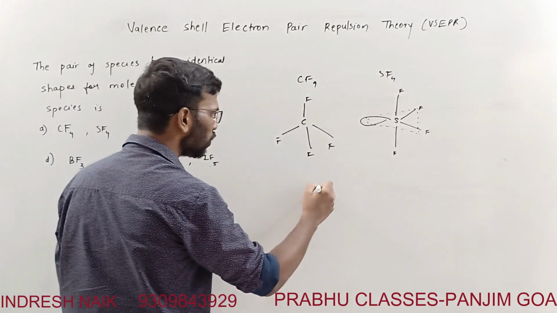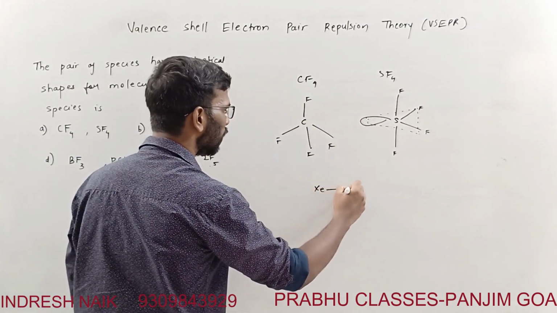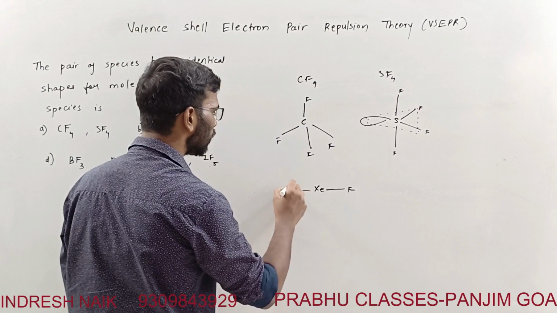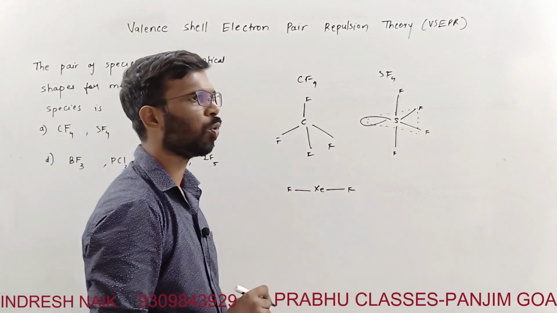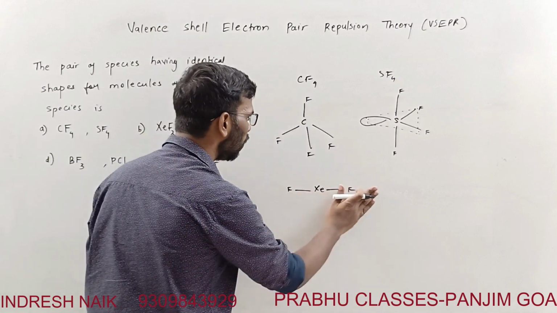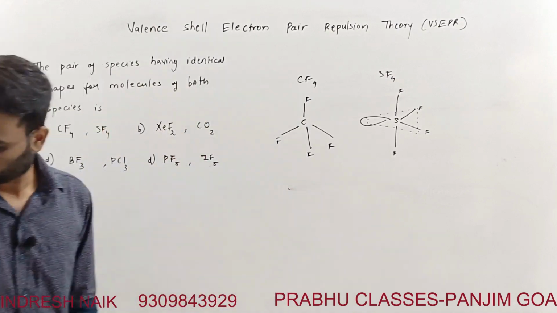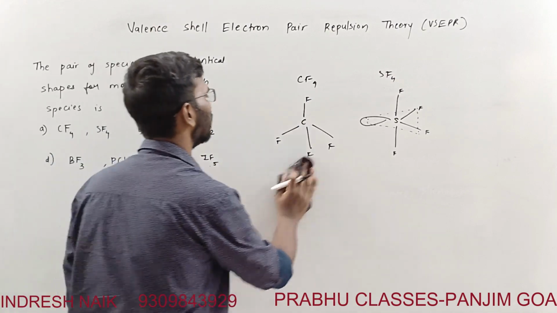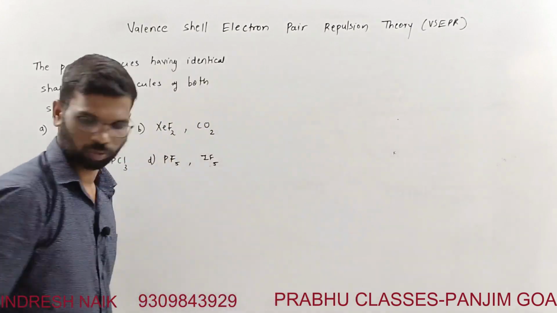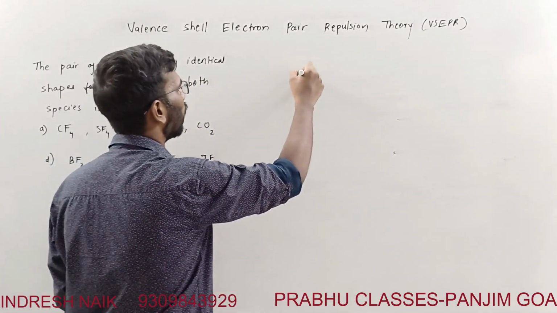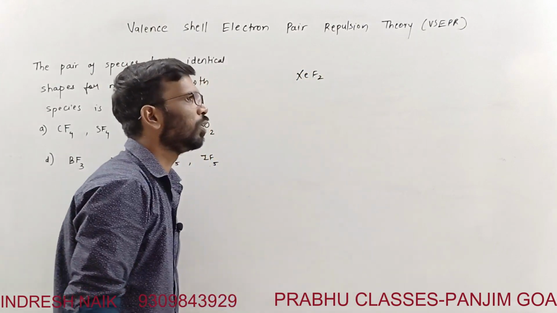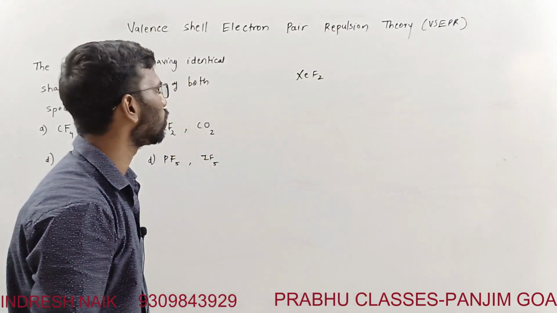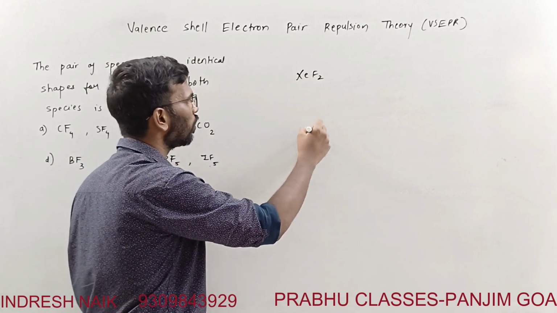See, the XeF2 structure will be this way. This is fluorine, this is fluorine. Okay, xenon is having how many electrons? It is having 8 valence electrons. XeF2 will have 8 valence electrons, out of which 2 are utilized for bonding.